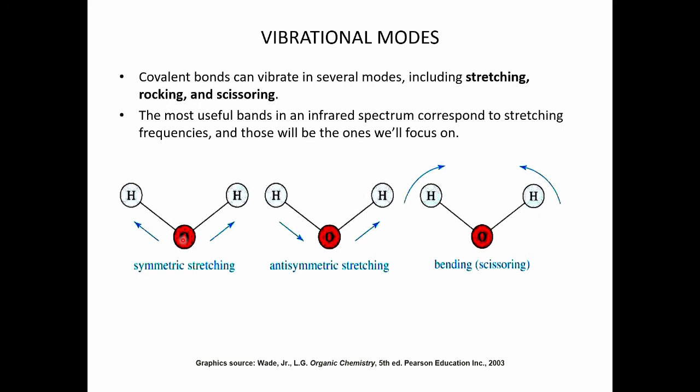There's also the antisymmetric stretching, where while one goes in, the other goes out, then it comes back in and the other goes out. And then the other is bending, where instead of going closer to the oxygen, they go back and forth this way. So they always have the same distance to the main atom, but they are moving closer and farther away relative to each other.